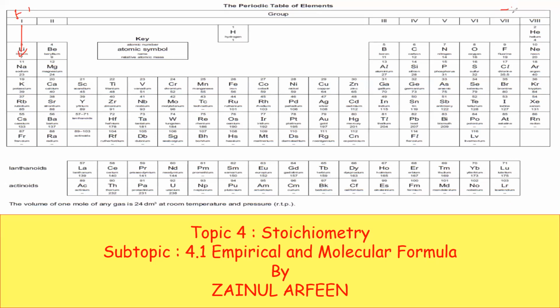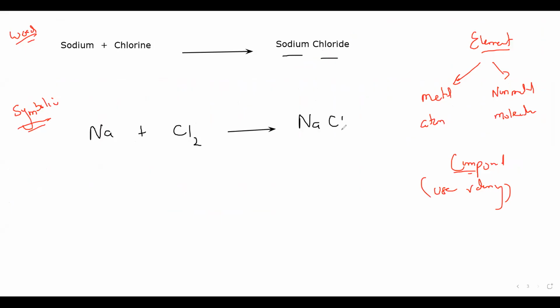Chlorine belongs to group 7, so valency is -1. The valencies are already simplified. We cross multiply, so it will be NaCl.